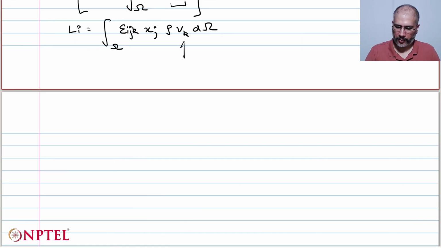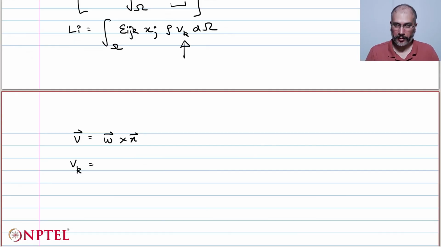And now since the velocity for this pure rotation case is given to us as a cross product between omega and x, so in the index notation, if I want to write v_k, that becomes epsilon_kpq omega_p x_q.